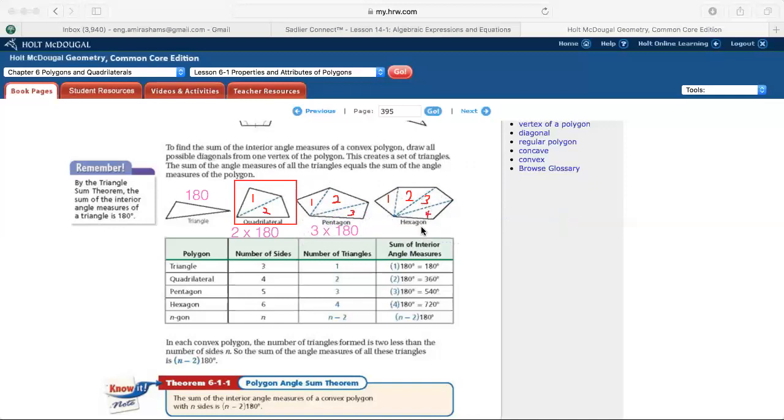Here I have four triangles, so 4 multiplied by 180. When I multiply 2 by 180, I get 360. When I multiply 3 by 180, I get 540. When I multiply 4 by 180, I get 720. So this means that the total measure of the angles here and here and here and here and here is equal to 540.